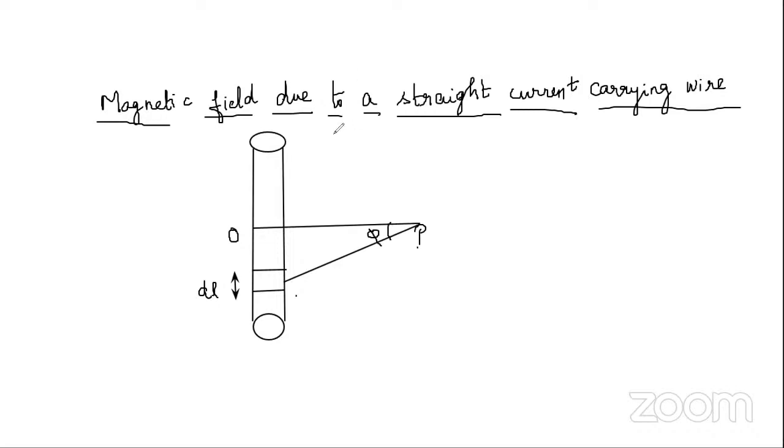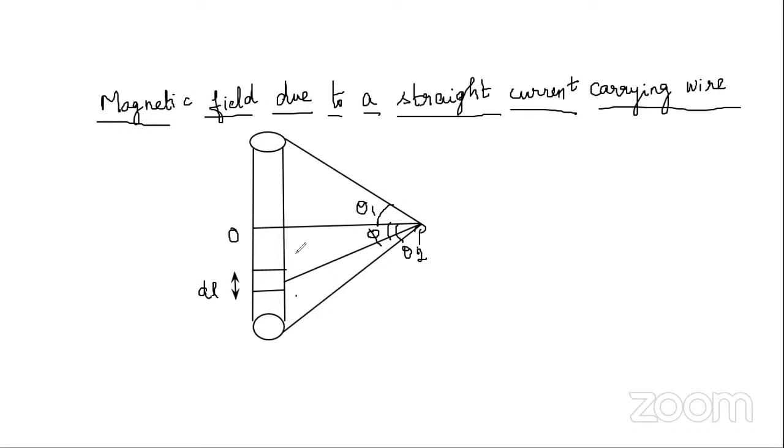And these angles, from here to this point P, and also from here to this point P, can be taken as theta 1 and theta 2.